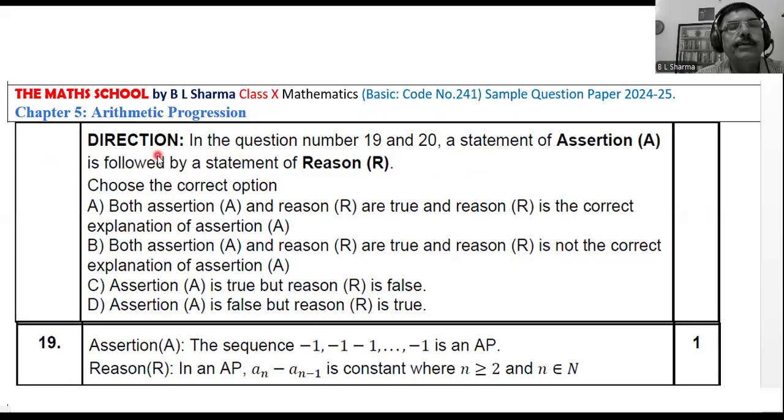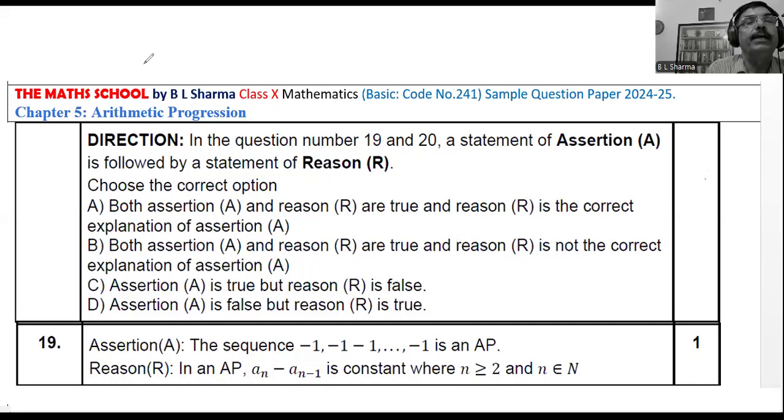Question number 19, that is of assertion reason question. First we go for reason. In an AP, nth term minus its previous term is constant where n is equal to either 2 or greater than 2. Yes. ये जो सेकेंड टर्म में से n माइनस वन होगा ये फर्स्ट टर्म होना चाहिए मिनिमम. और ये फर्स्ट टर्म तभी होगा जब n का मिनिमम वैल्यू 2 हो. मैं यहाँ पे देख के आपको बताता हूँ.